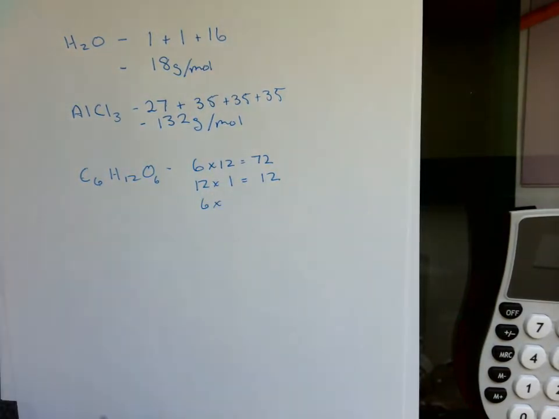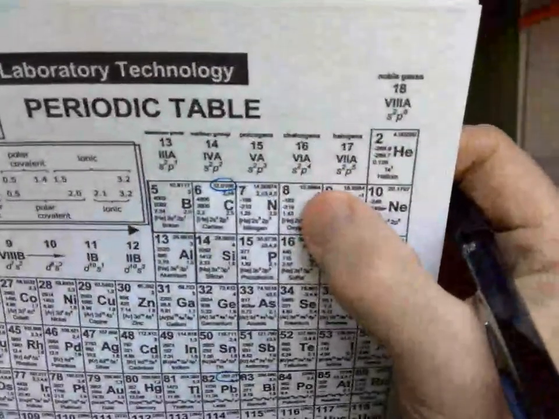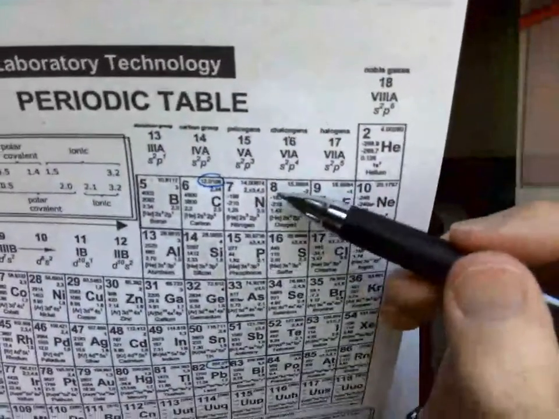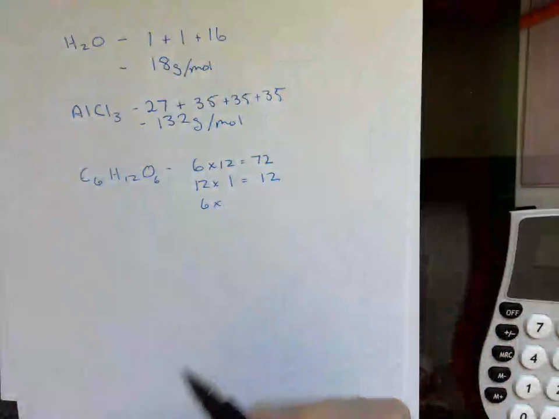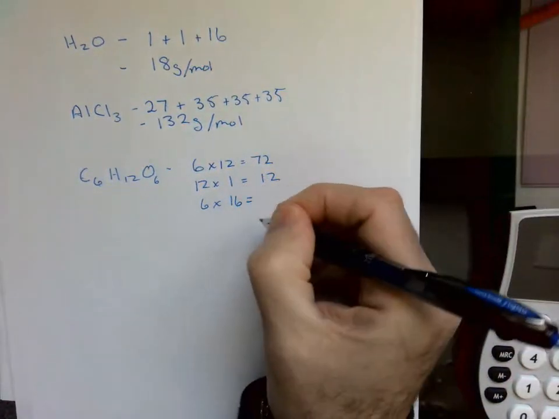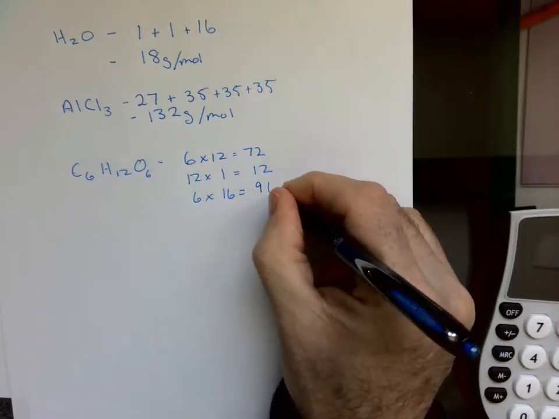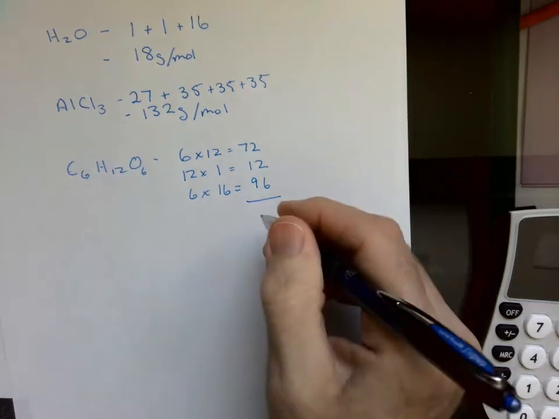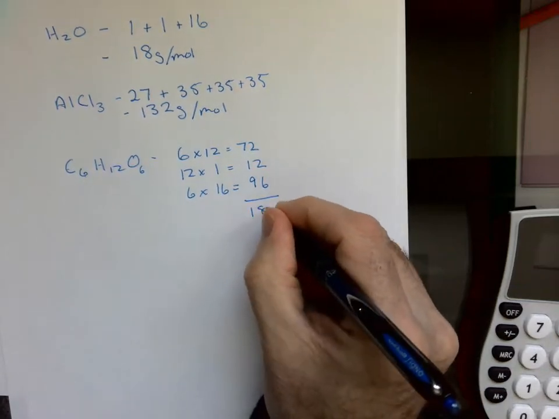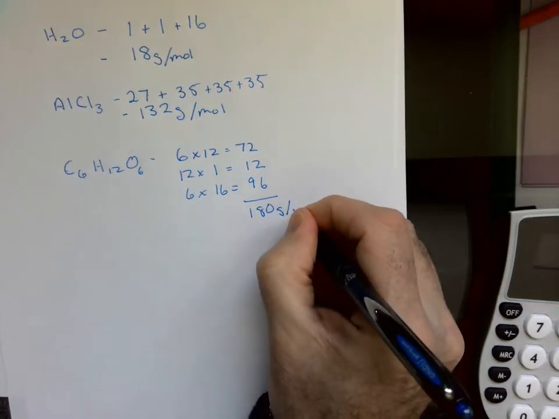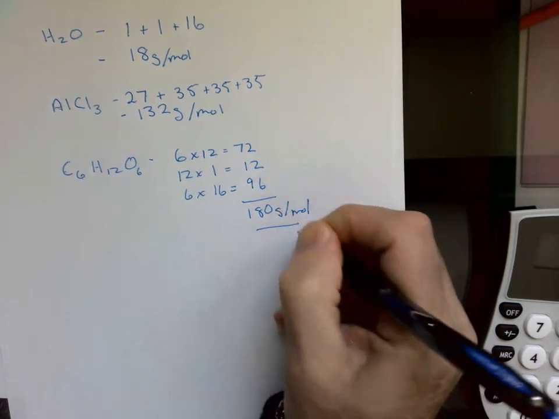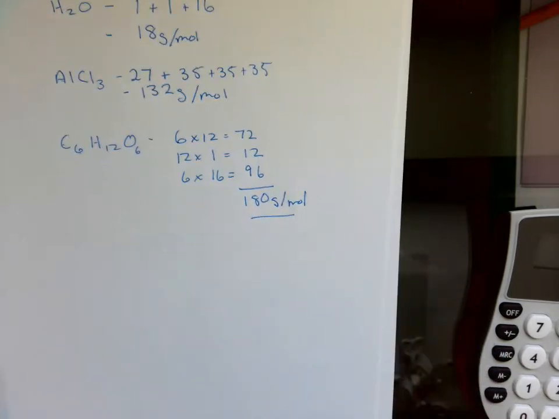And oxygen has a mass of 16. So if you look up here, you will see where the molar mass is. So that's 96. I believe if you add all of those up, you'll get 180 grams per mole.